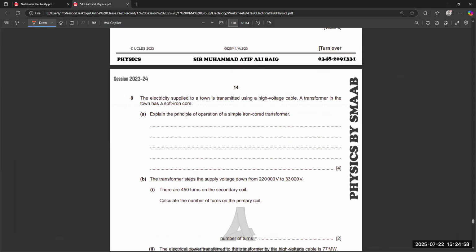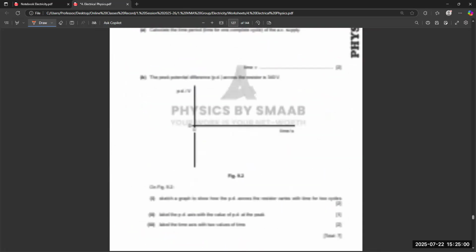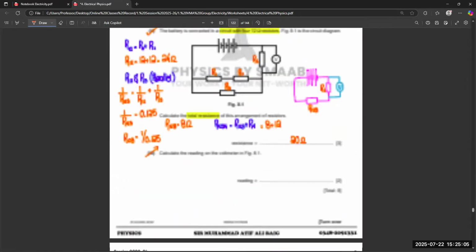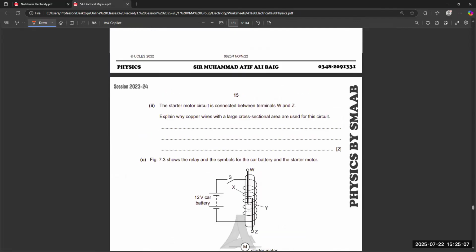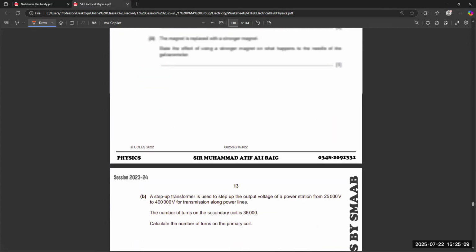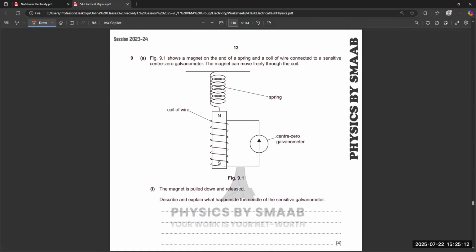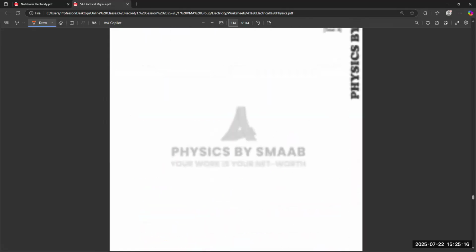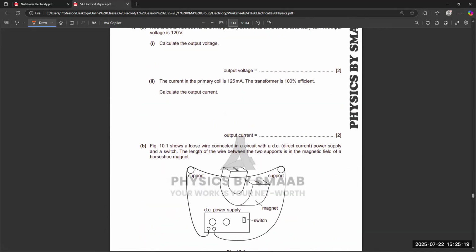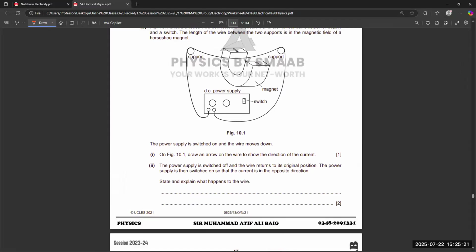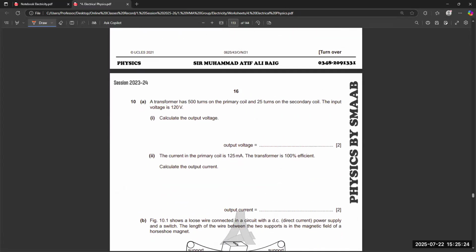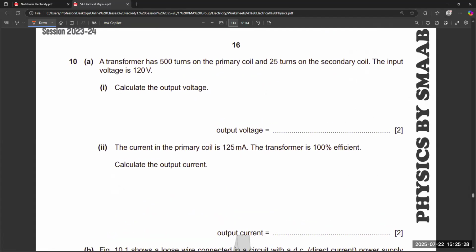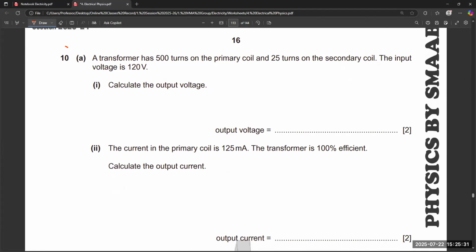Okay, this is related to transformer. From this question, the starting part is from the transformer topic.